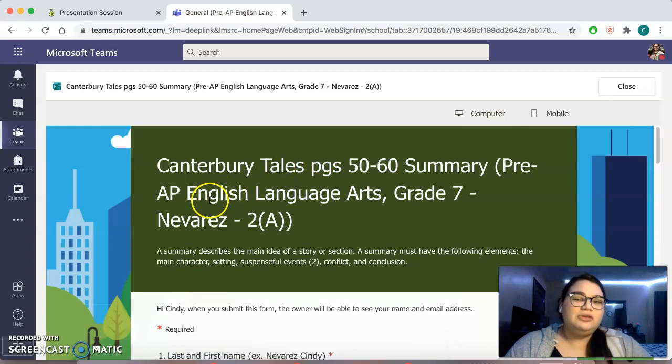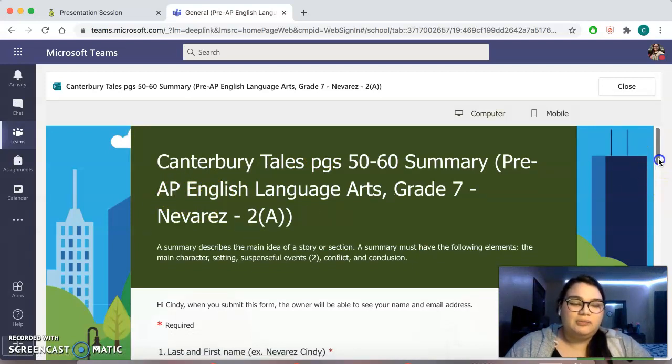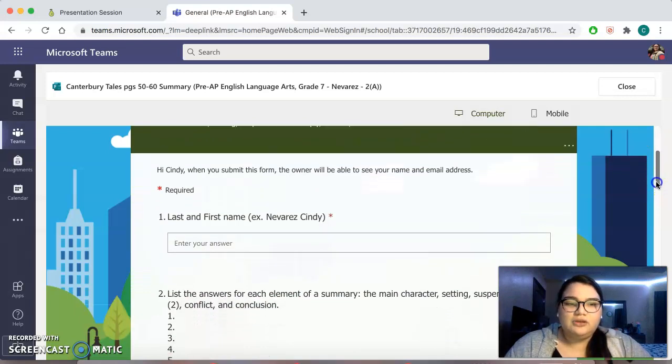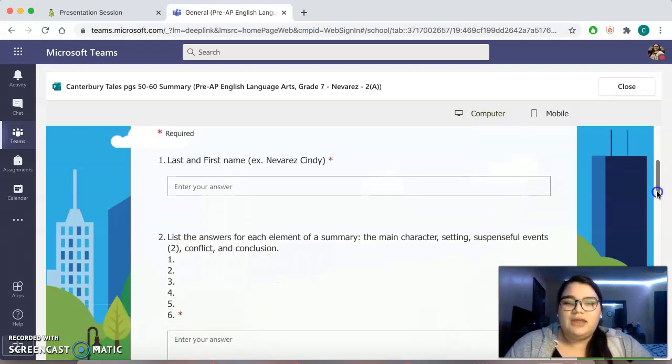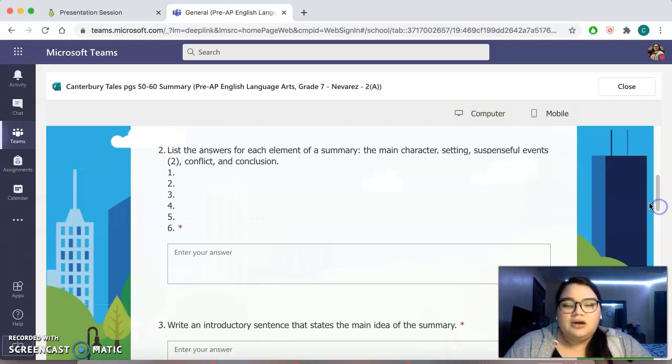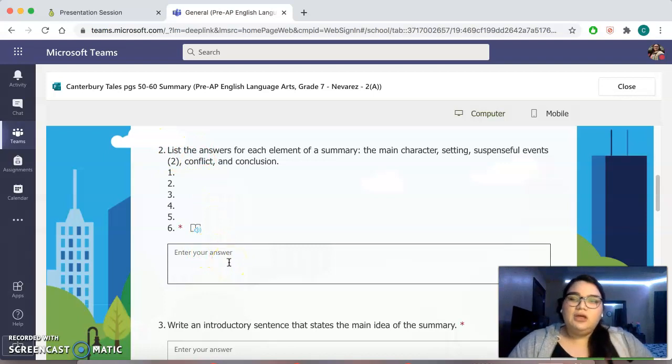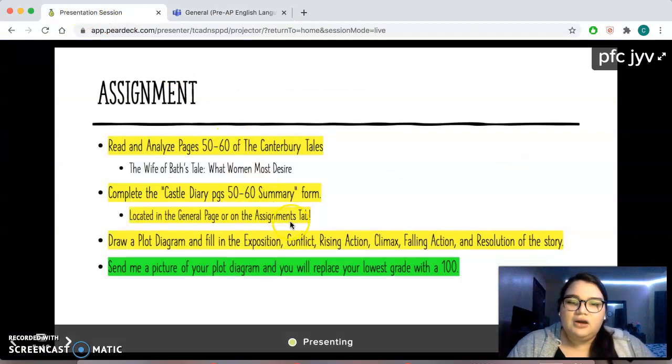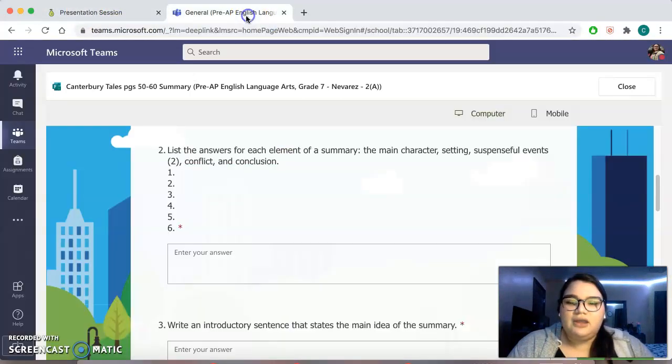This is not something new we've never done. This is something that we've seen throughout our time here with Ms. Nevares. Again, you're going to type in your name. After you've read the section, you're going to be able to fill out this form. You're going to tell me who the main character was in the particular story of what woman most desired, who the main characters are, and if there are any supporting characters.